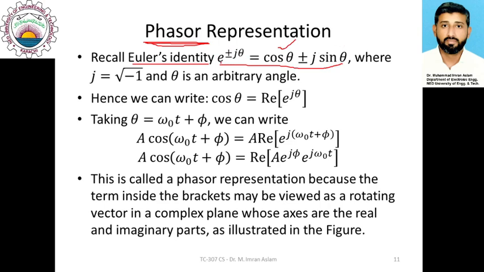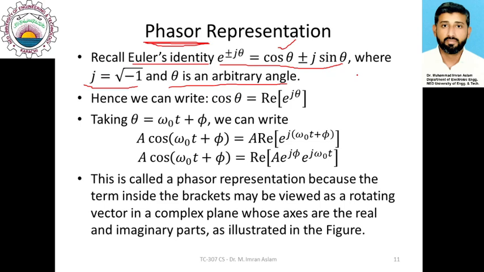If you have e raised to the power minus j theta, in that case it will be represented as cos theta minus j sin theta, where j is mathematically equal to the square root of -1 and theta is some arbitrary angle. And from our point of view, you can see that j corresponds to a phase difference of 90 degrees.